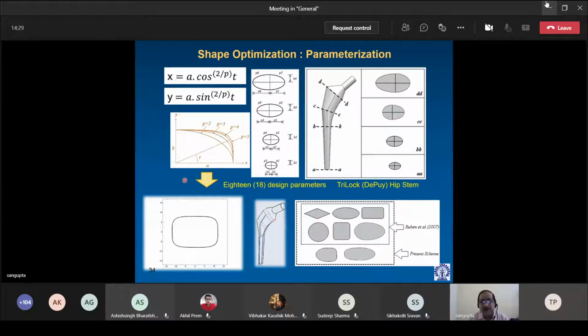But we are parameterizing the geometry so that we end up in a far greater number of design variables, design shapes, and then finally select the most optimal design of the prosthesis.